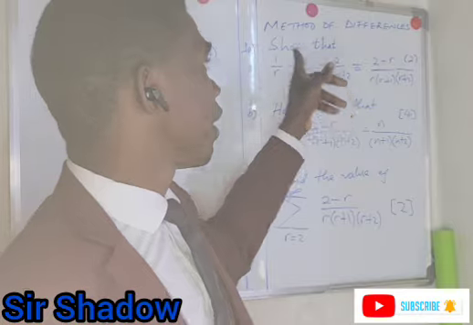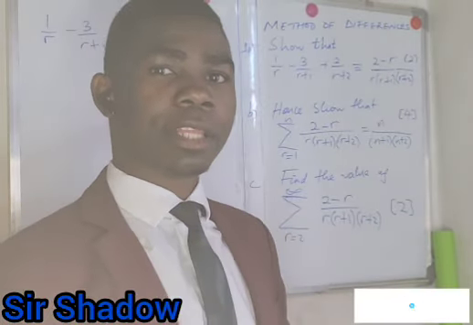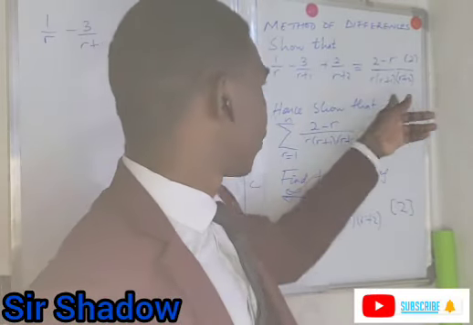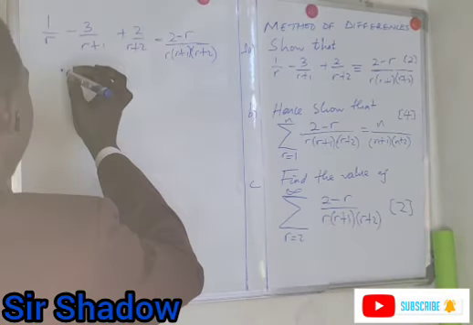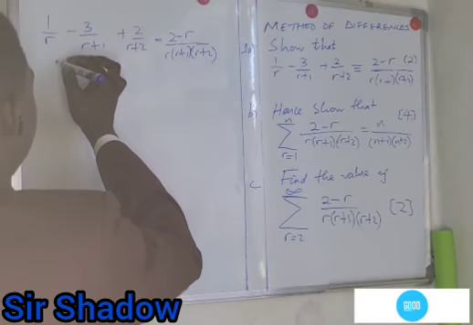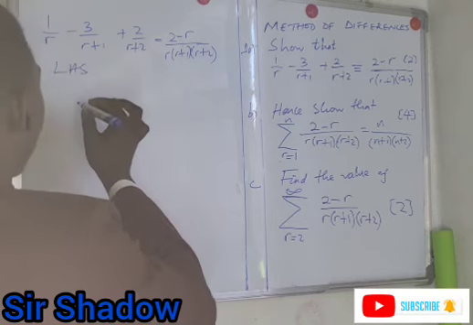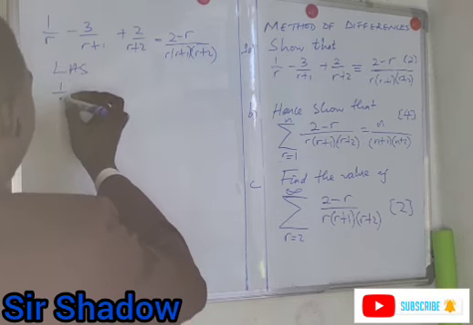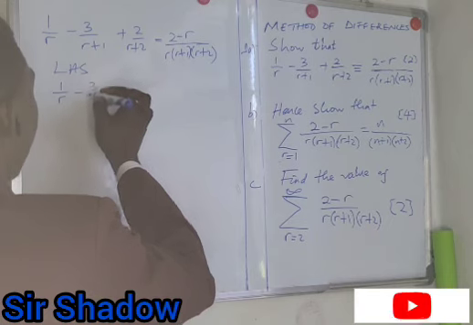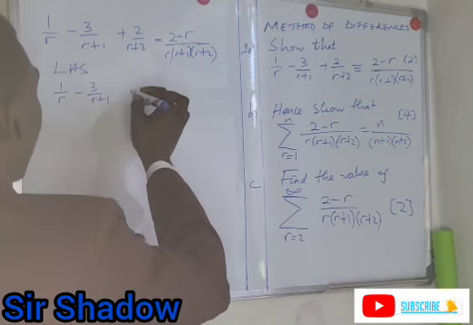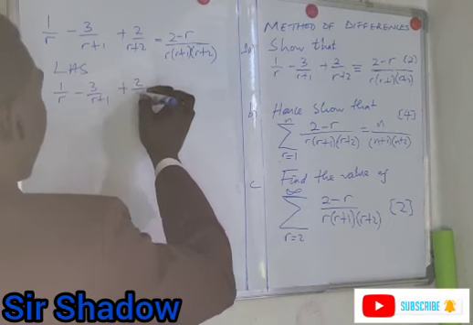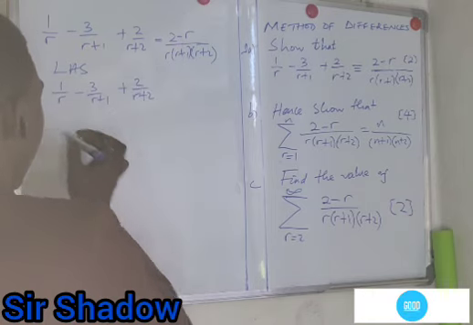So we want to reverse. For us to reverse, find the lowest common denominator of the given left hand side. Let's consider the left hand side, right? You are given 1 over r minus 3 over r plus 1 plus 2 over r plus 2.